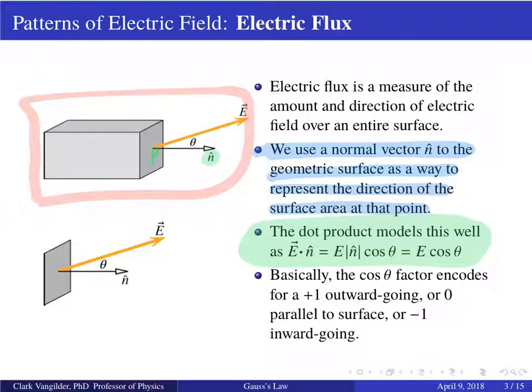So let me insert something into this. If we go back to that, the magnitude of that surface area vector times the cosine of the angle between it and the electric field gives us this nice thing.